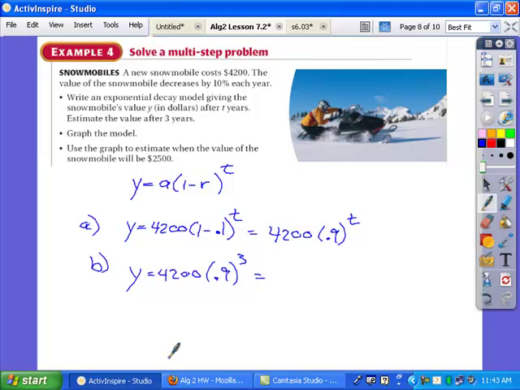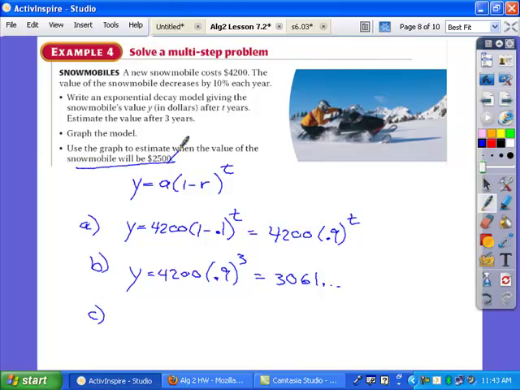And if we do, I think we get the value something like 3,061 point something. And lastly, they ask us to find how many years it is going to take for the snowmobile to be at a value of $2,500.